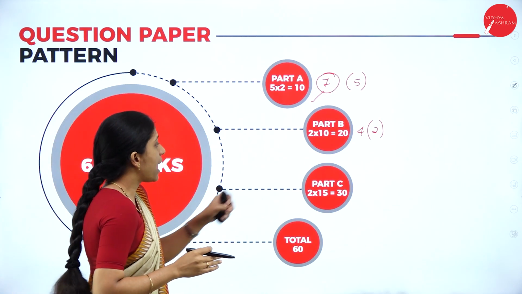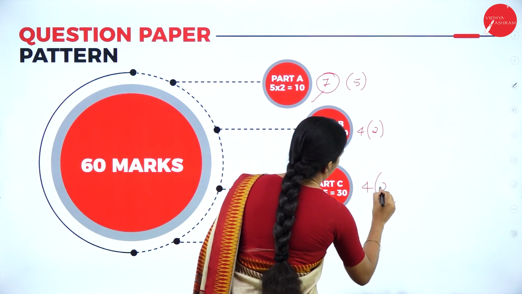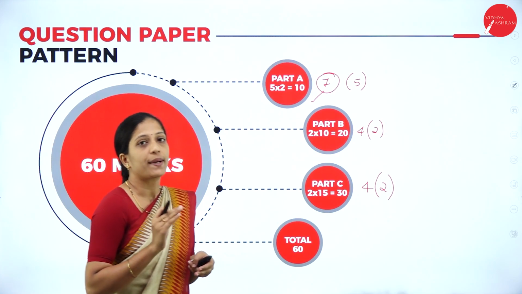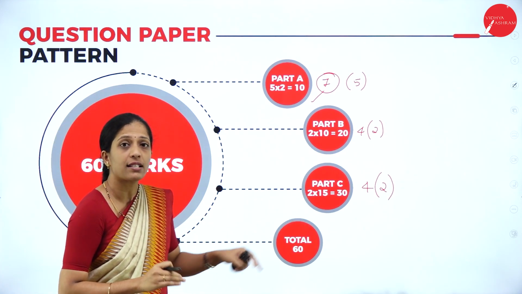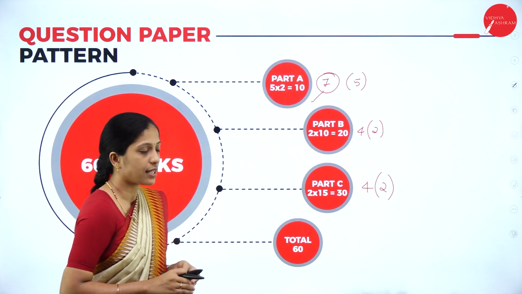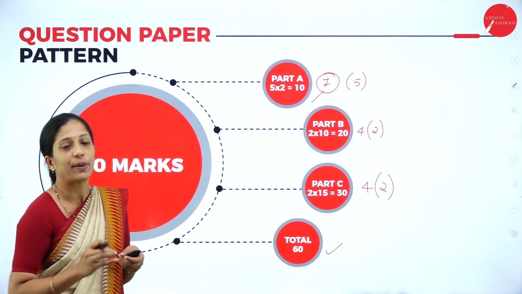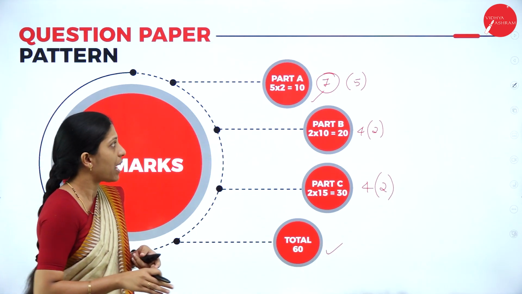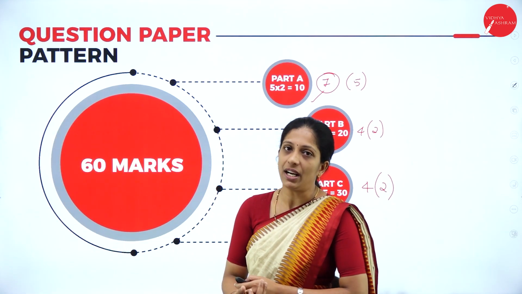Now coming to part C, they'll ask you 4 questions out of which you have to answer any 2, each question carrying 15 marks. So the overall weightage of this part is 30 marks. So 30 plus 20, 50, 50 plus 10, 60. So the total marks of your external examination question paper will be 60 marks. Hope you are clear about your external examination question paper pattern.